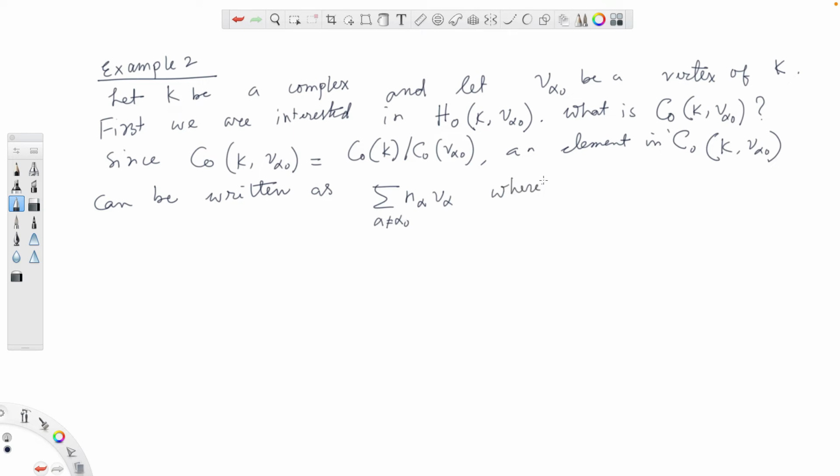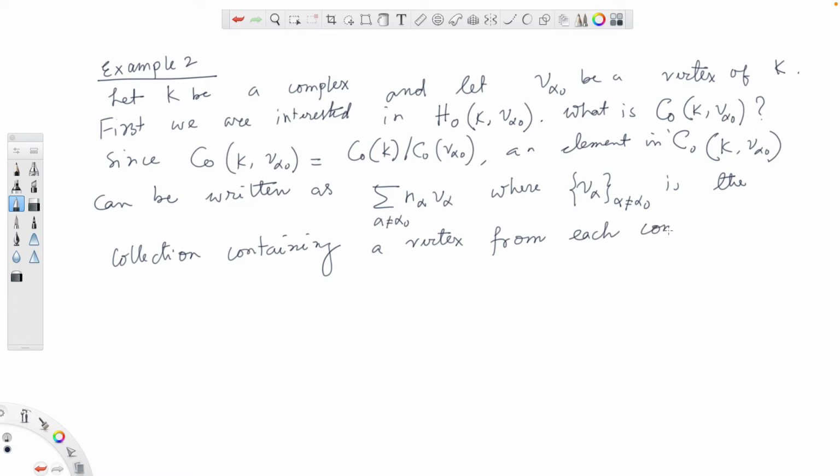Here v alpha, where alpha is not equal to alpha 0, is a collection containing a vertex from each component of the underlying space of the complex K, except for the one that contains v sub alpha 0.